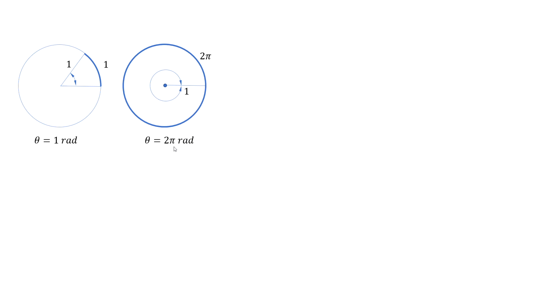Keep that in mind. And then, what if we were to have a semicircle, half of a circle? In that case, this angle subtended is going to be pi, because the arc length happens to be half of 2 pi, which is pi. Why half of 2 pi?